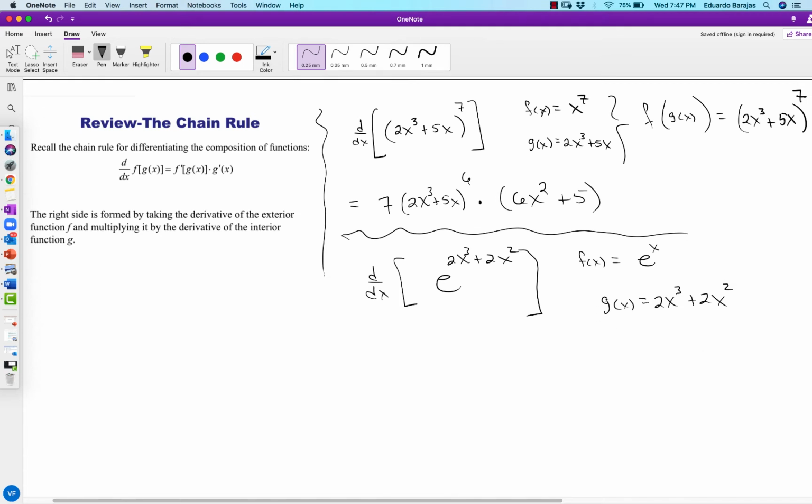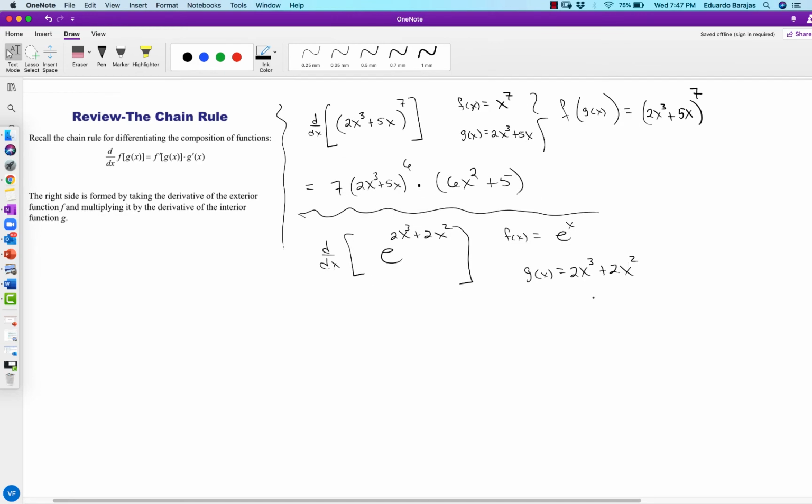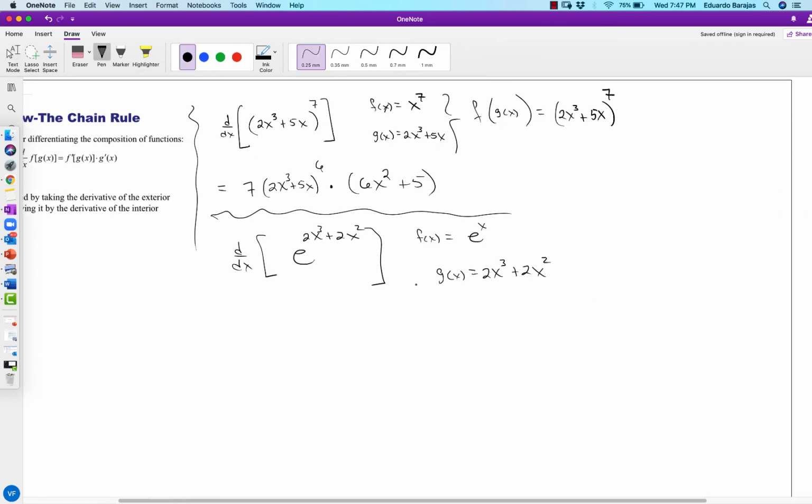Again, we can think of this as f evaluated at g of x is equal to e to the power of g of x, and that is e to the power of 2x to the third plus 2x squared. Okay, so we can think of this as a composition of functions. So the chain rule will apply.